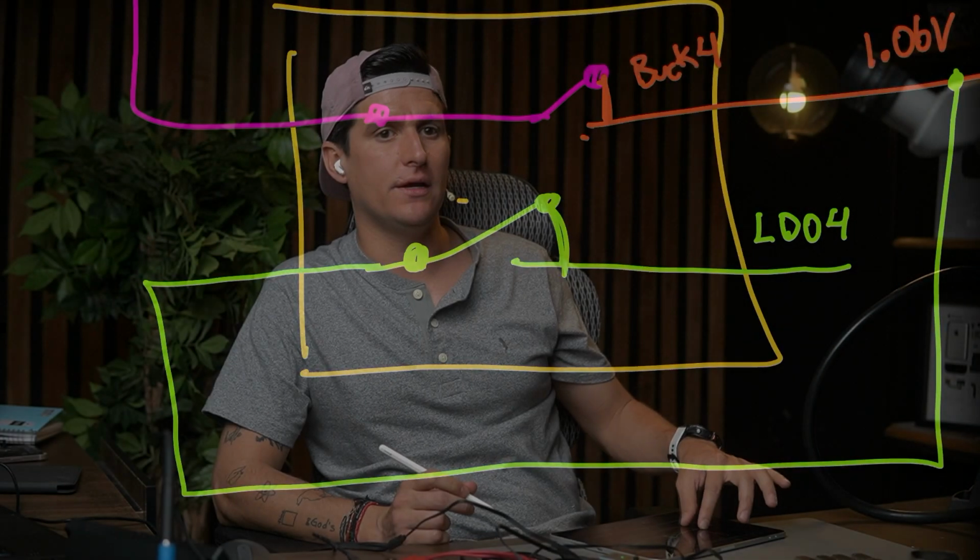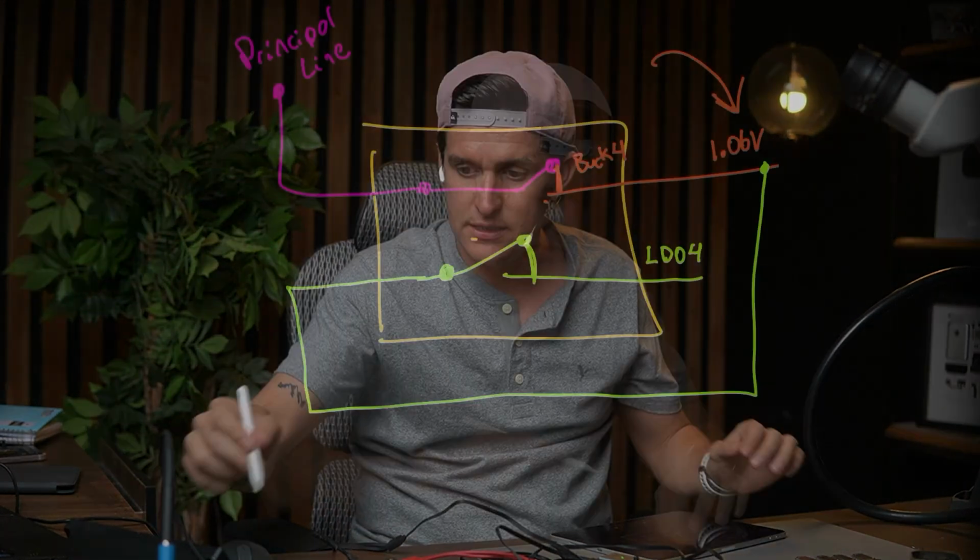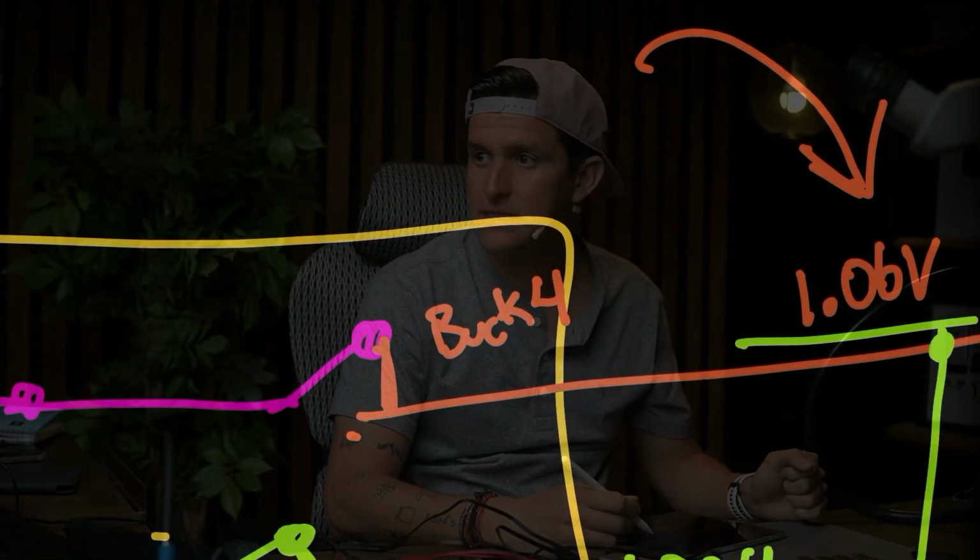So what happened here is the buck returns to our PMU, and now it provides voltage for another line. So this one, for example, is buck 4. This is the name of the line.